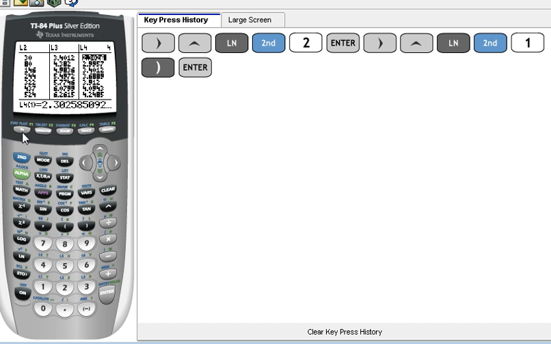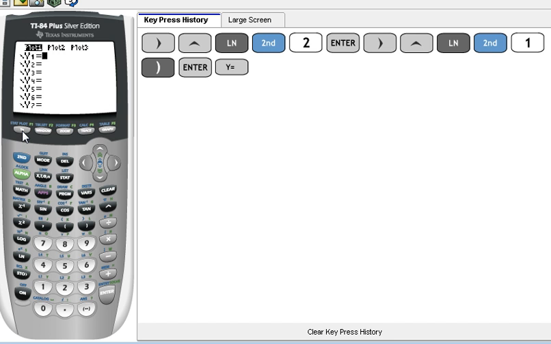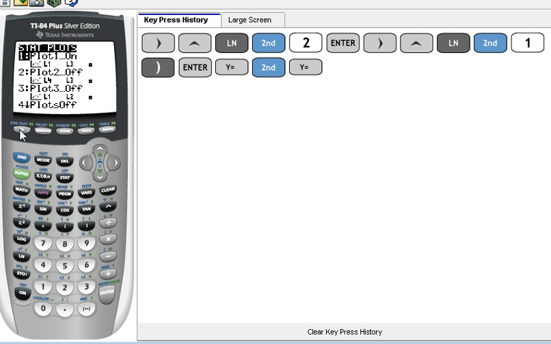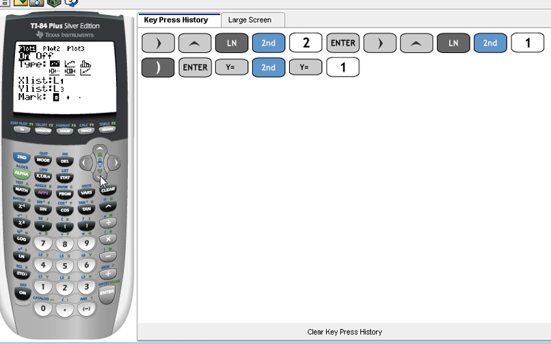Now we'll go back to y equals, make sure that we have cleared any of the equations there, and now go up to second y equals, which gives us the stat plots, 1 for plot 1, where we're going to check that it is on and that we are plotting L1 versus L2.